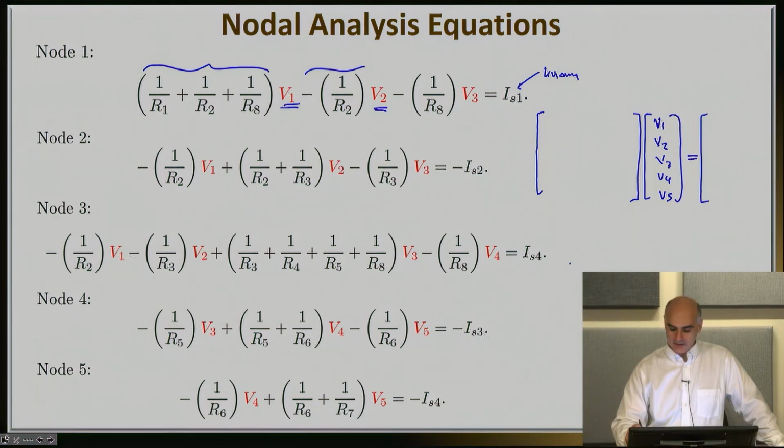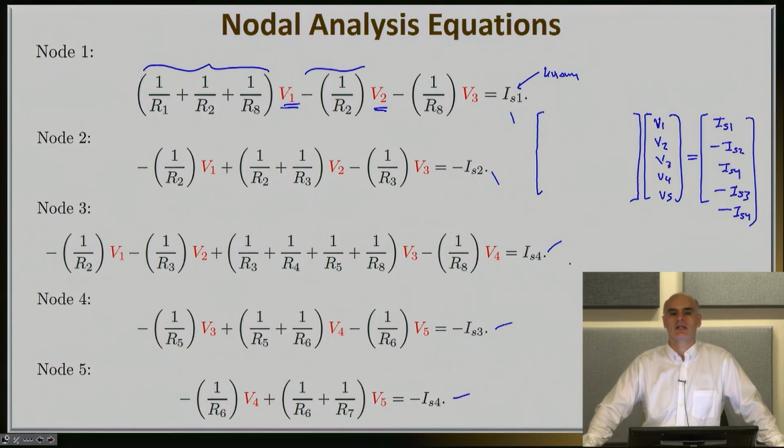For example, in this case, the known vector will be IS1 from the first node, negative IS2 from the second node, IS4 from the third node, negative IS3 from the fourth node, and negative IS4 from the fifth node. So this will be your vector of knowns.